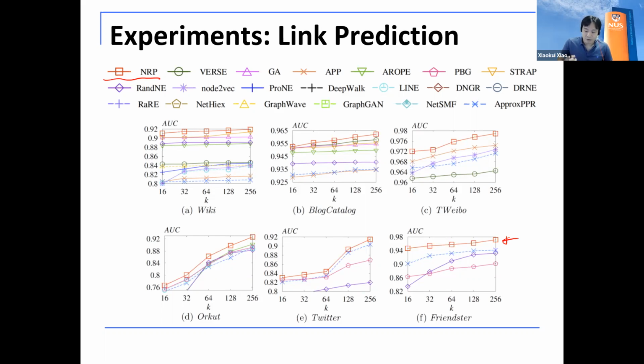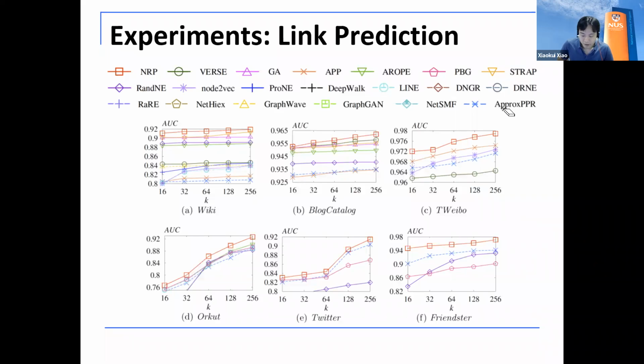And as I mentioned before, the rescaling really helped the performance of link prediction. If we remove the rescaling optimization, then we have this approximate PPR approach, and its performance for link prediction is not as good, especially on some of the data sets such as Friendster or TWeibo.